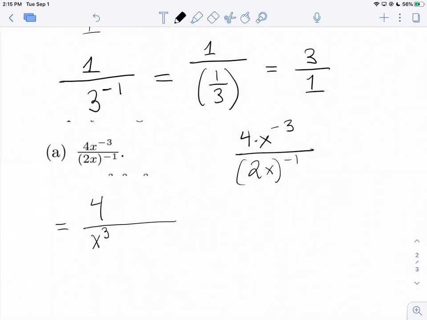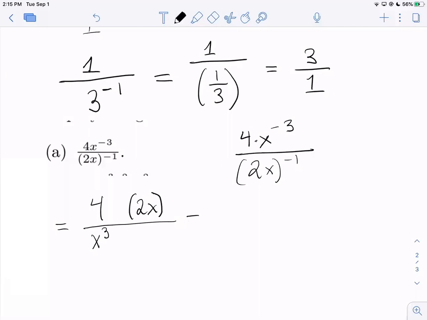And the 2x to the minus 1 tells us that the entire 2x needs to be moved to the numerator. So this just becomes 2x. And I took the entire 2x. If there wasn't a parentheses, the 2 would have stayed in the denominator, and only the x would have moved up.